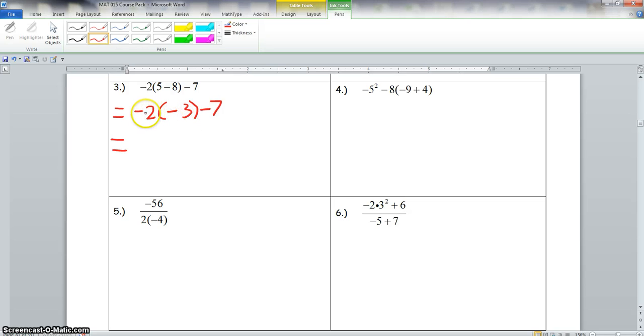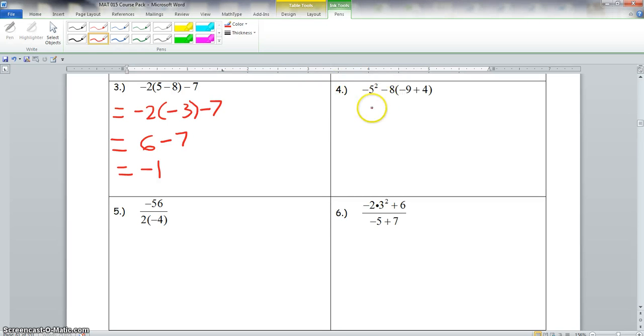So we know a negative times a negative is positive, and 2 times 3 is 6, minus 7. 6 minus 7, we know in our head should be 6 plus a negative 7, and we know 6 from 7 gives us 1, and since negative 7 is furthest away from 0, it'll be a negative 1.